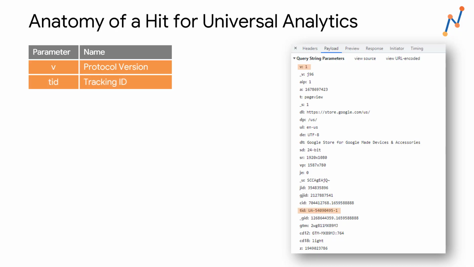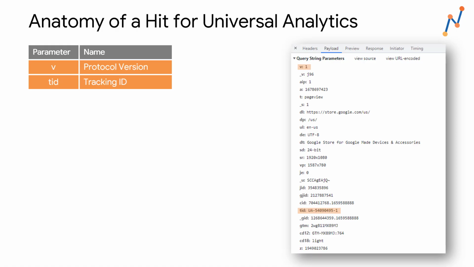Next is the tracking ID, which is represented by the parameter tid. It always starts with UA- followed by the Universal Analytics account ID, followed by minus, plus the number of the property. So all data being collected will be associated with this particular ID. According to GDPR and also other data privacy regulations, there's a need to anonymize the IP address of the user's browser.